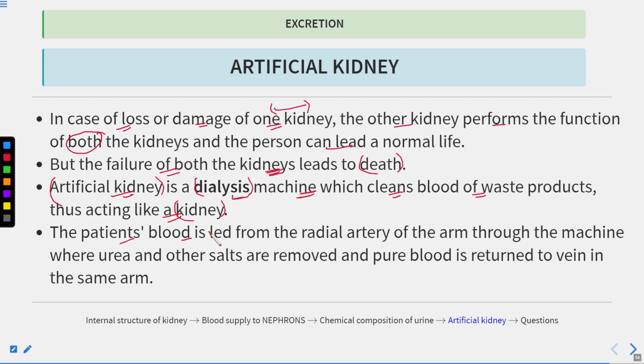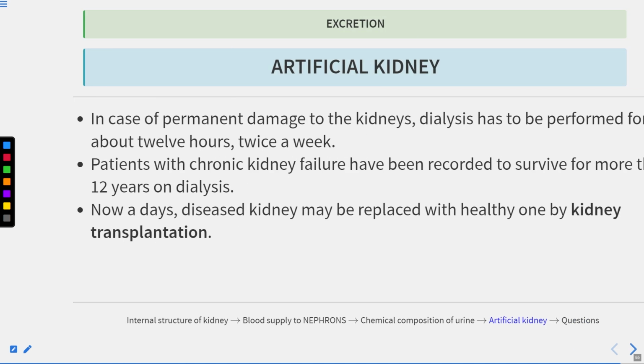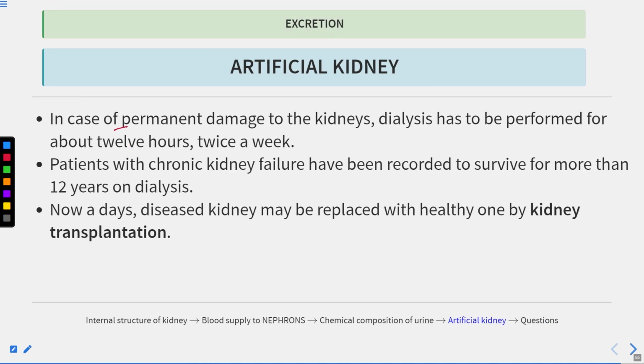Now, the patient's blood is led from the radial artery of the arm. The arm consists of a radial artery. The blood is drawn from the radial artery through the machine where urea and other salts are removed, and the pure blood is returned to a vein in the same arm. This is what happens in dialysis. Now, in the case of permanent damage of the kidney, what is done?